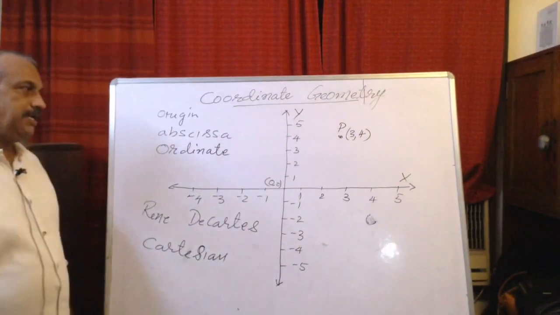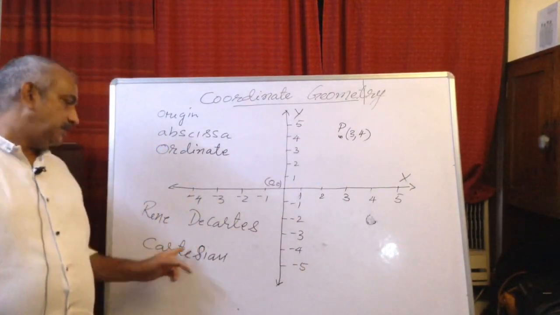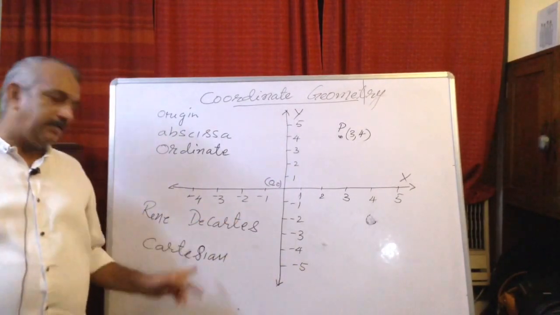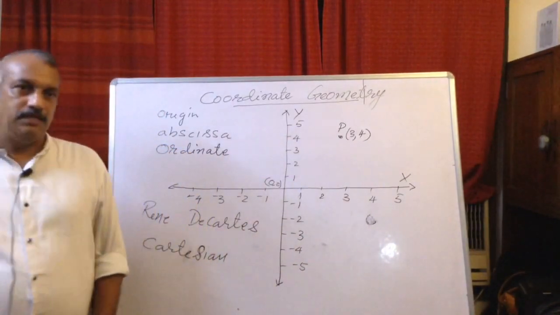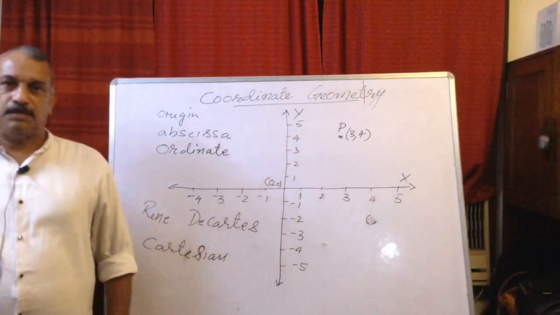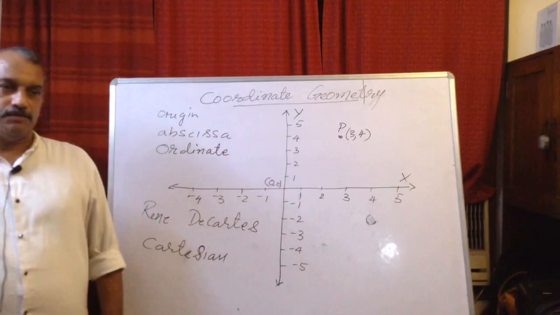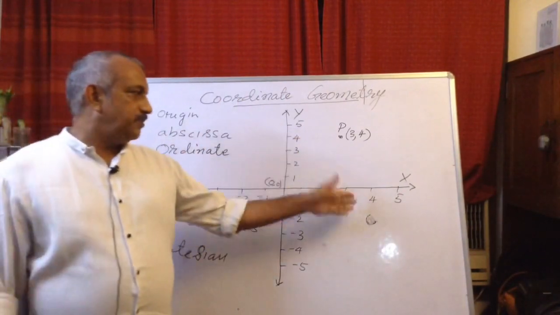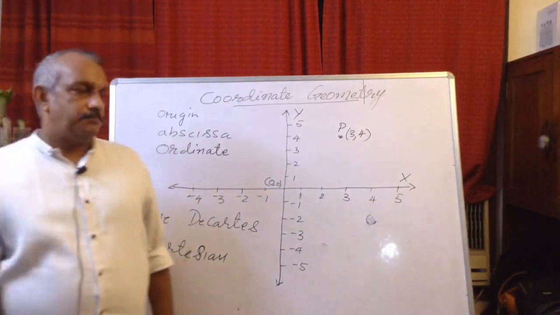A plane with x and y axes is given a special name. It is called the Cartesian plane, and it is derived from his name. So a question can be, on a Cartesian plane, plot the following points. You have to draw the x-axis and y-axis and find the location of these points, or mark these points.